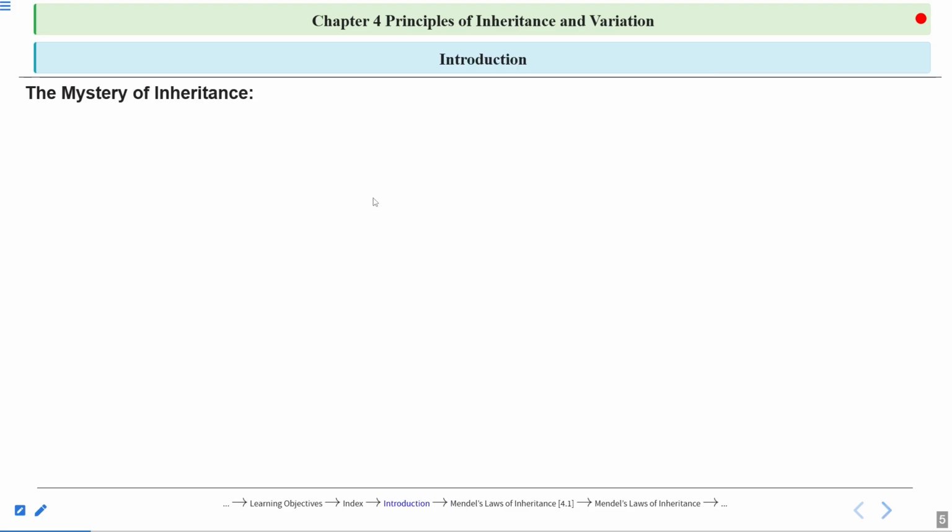So let me first introduce you to this chapter. What is the mystery of inheritance? What is inheritance and what is the mystery behind it? You can see an elephant only gives birth to an elephant, not any other organism. The offspring of an elephant resembles the elephant in morphology and in size when it grows up.